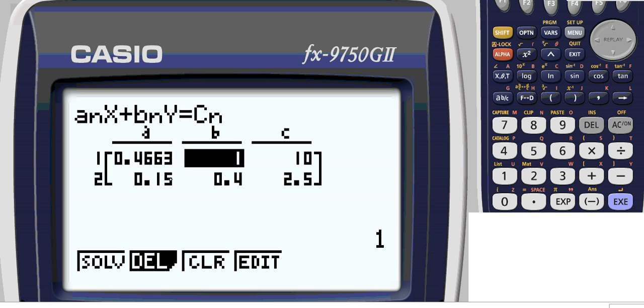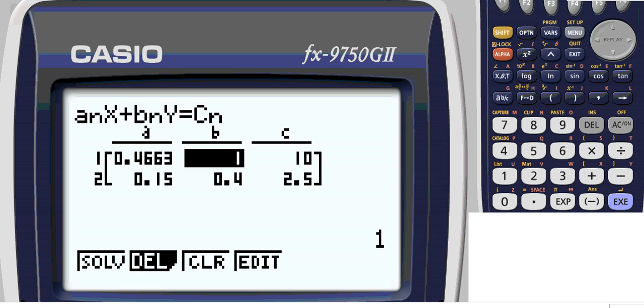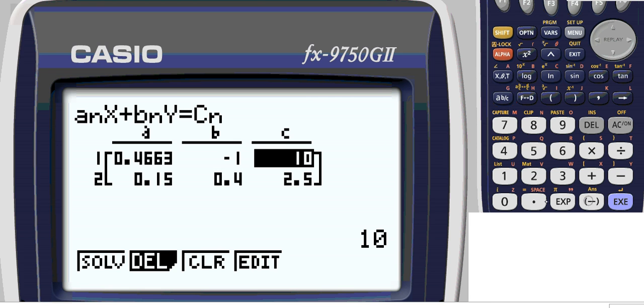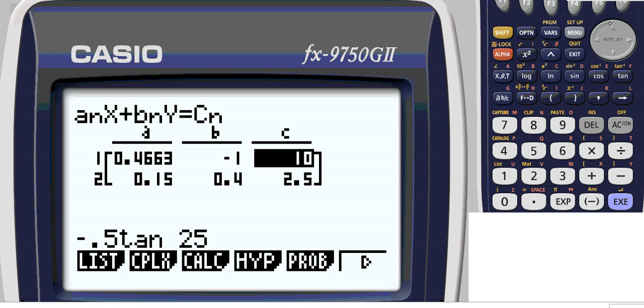It changes it to the decimal without you having to do it on the other screen. The coefficient of h is -1, and then -0.5 tan 25. And again, make sure you do degrees.